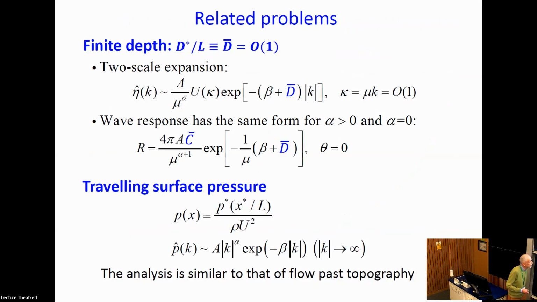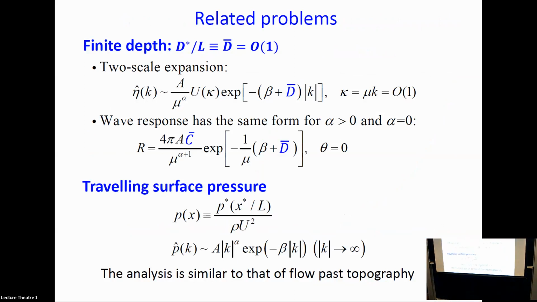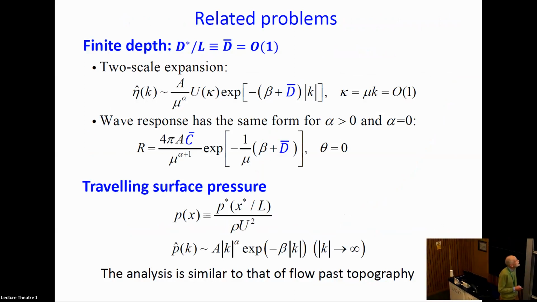So I want to now talk about some extensions. The first two here are pretty straightforward. One is, as I said, the depth parameter, the depth being shallow, that is comparable to U squared over g, is not a real restriction.